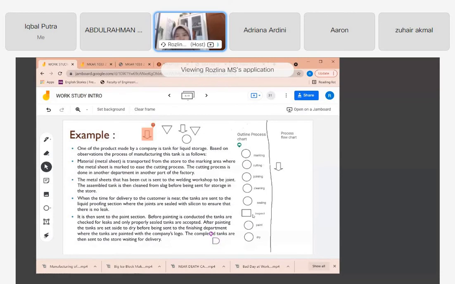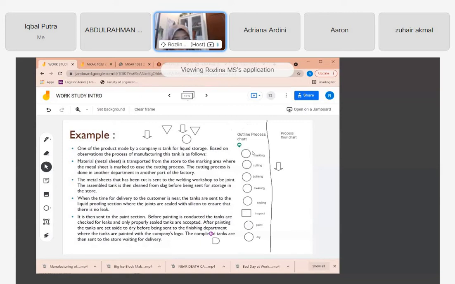operation and inspection. Okay, guys, I read. The first is marking, and then cutting, joining, cleaning slag. Okay, silicone seal process. Sealing. Okay, sealing, painting, drying and painting logo.